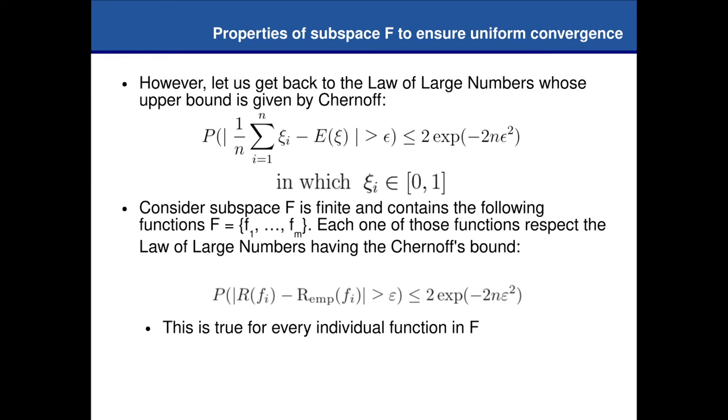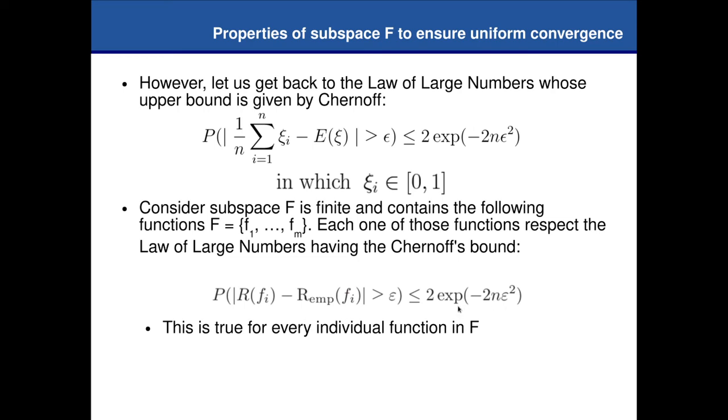Here we have again the law of large numbers, and now we can formulate, of course, for every single function inside the bias. Take a look. This is not the worst case anymore. This is a given function, f1 or f2 or f3. I can measure this difference. And for every function, I do have this upper bound.